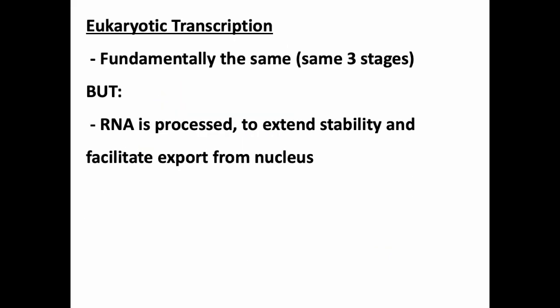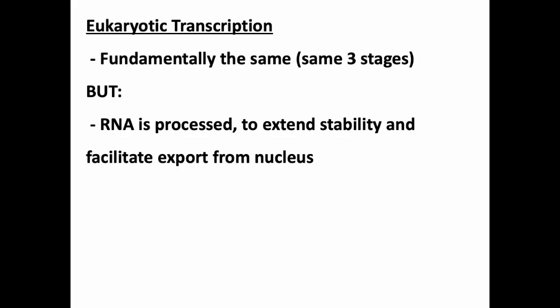So let me summarize this. RNA, again, this is a eukaryote thing. RNA is processed in order to extend stability and to facilitate export from the nucleus, to get it out of the nucleus where it's made to wherever it needs to go, and to have the shelf life to do that.